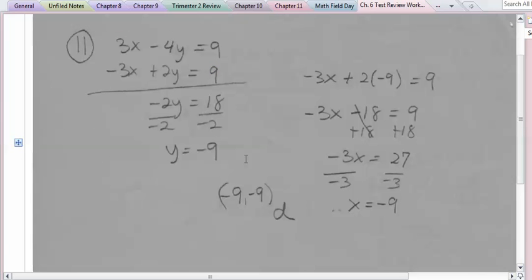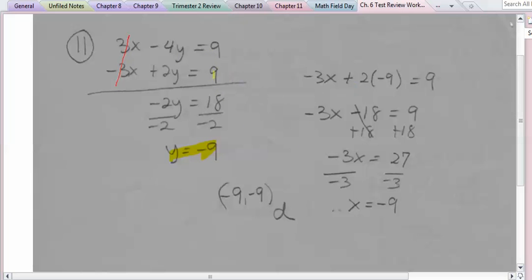Okay, now number 11 isn't as complicated. It's already set up in elimination method. We're eliminating the 3x, added those down, got a negative 2y, added these down, got a positive 18, divided, and we got y is equal to negative 9.